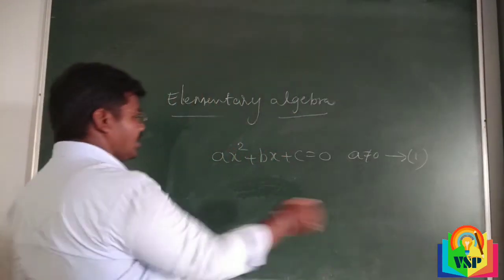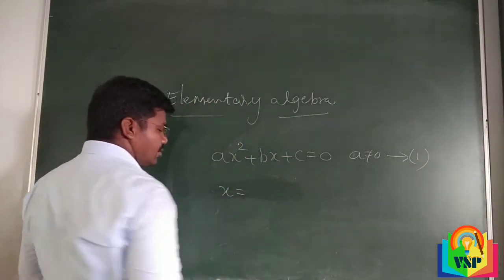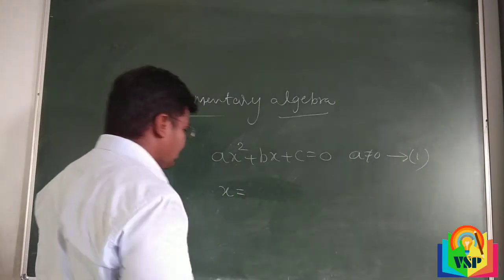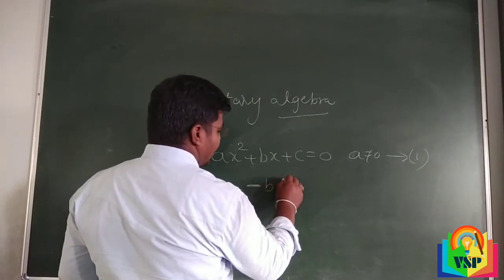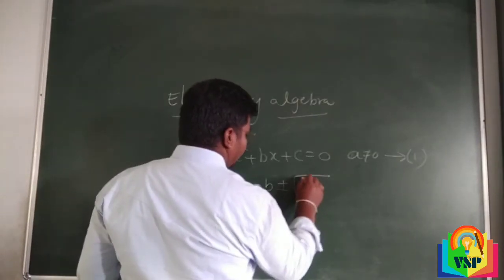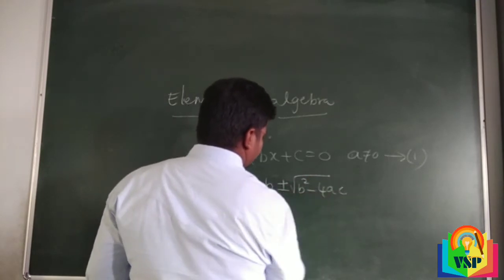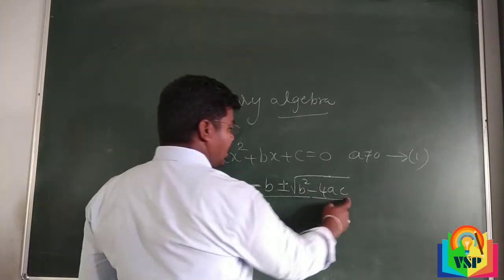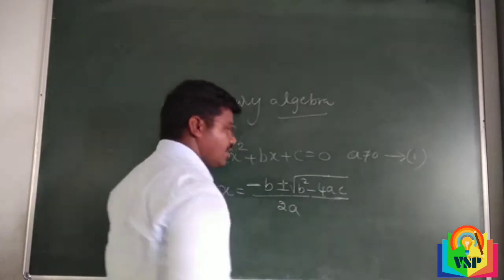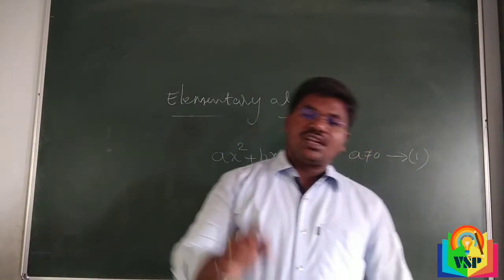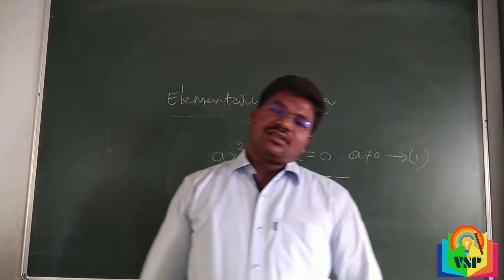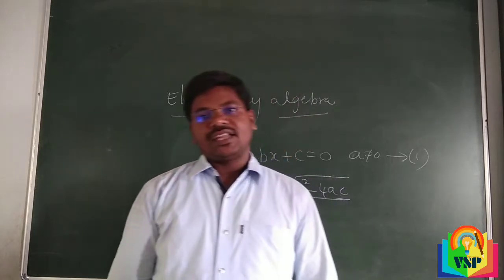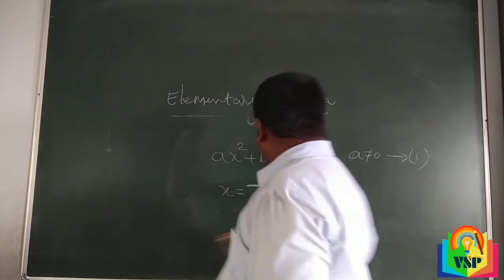Here x is equal to minus b plus or minus root of b square minus 4ac divided by 2a.